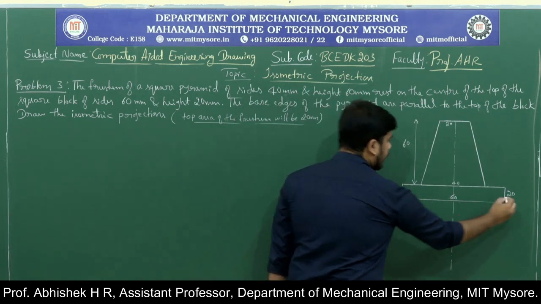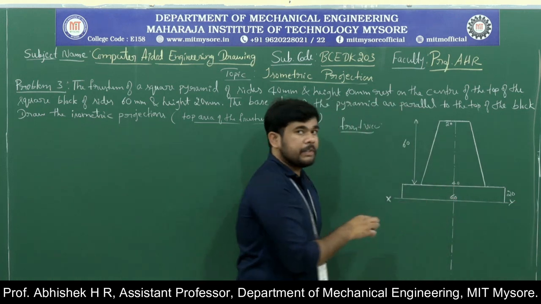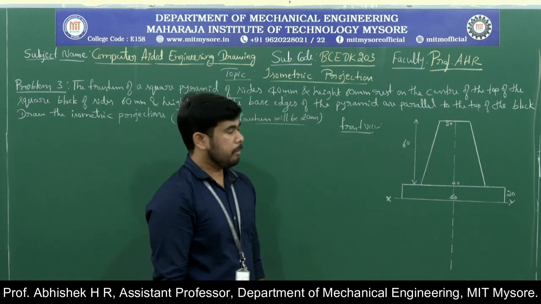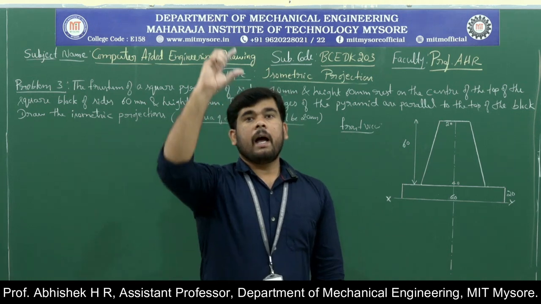This is an XY reference line. From this we have drawn the square block of sides 60 mm and 20 mm height, then the frustum of the square pyramid of dimensions 60 mm height, 40 mm base sides and 20 mm top side.